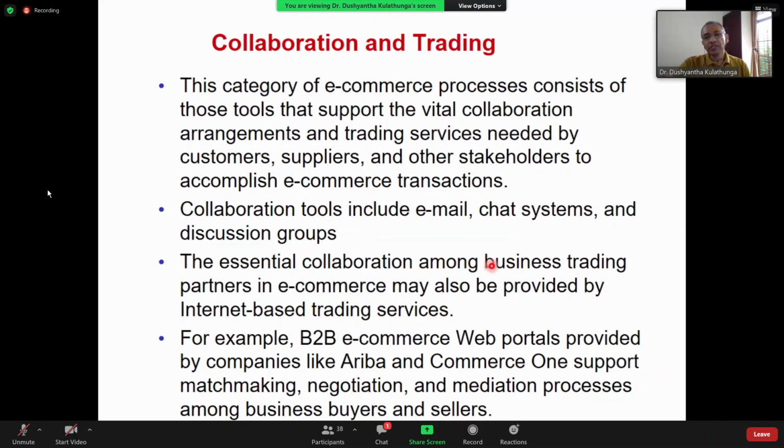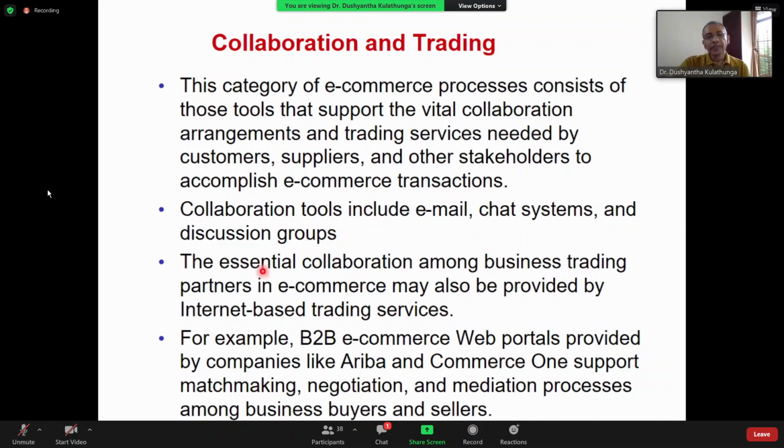The essential collaboration among business trading partners in e-commerce may also be provided by internet-based trading. Here we talk about two aspects. One is collaboration, the other one is trading. First we are looking at the collaboration tools which we can utilize to collaborate with individual users. So emails, chat systems, discussion groups, and so on, different communication tools can be utilized to facilitate this process.